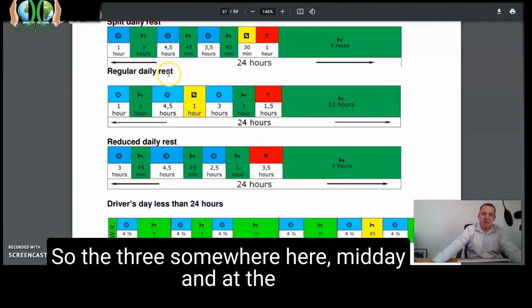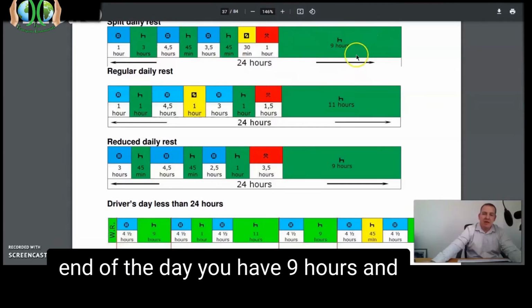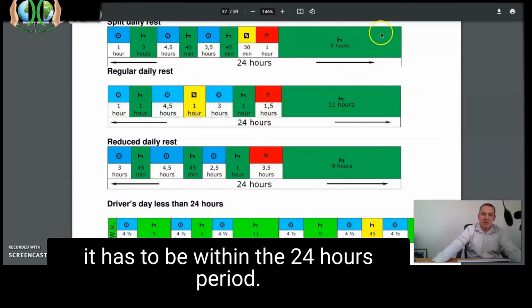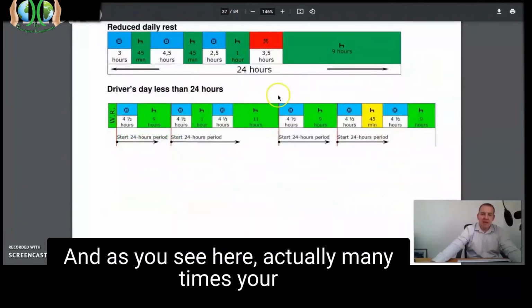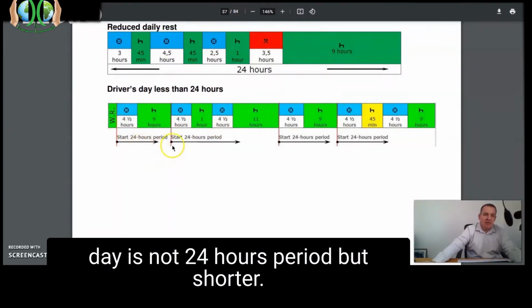The 3 hours somewhere here at midday, and at the end of the day you have 9 hours, and it has to be within the 24 hours period. And as you see here, many times your day is not a 24 hours period but shorter.